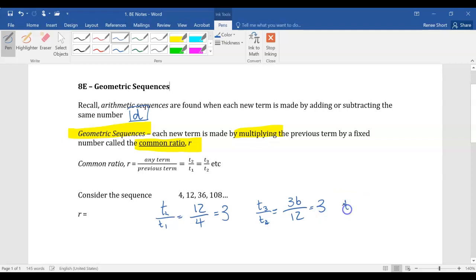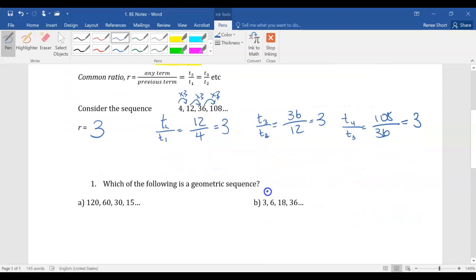And if we do the last one as well, t4 over t3, that's 108 divided by 36, and that also gives us 3. So what we're saying here is the common ratio is 3, so we're multiplying by 3 each time to get the next term of the sequence.